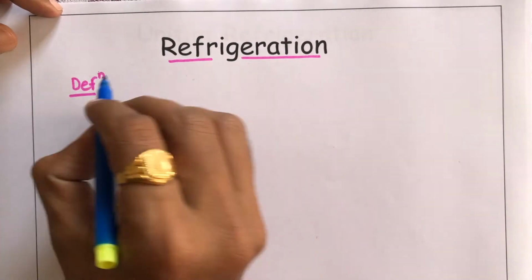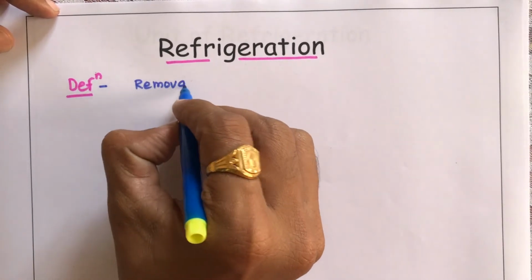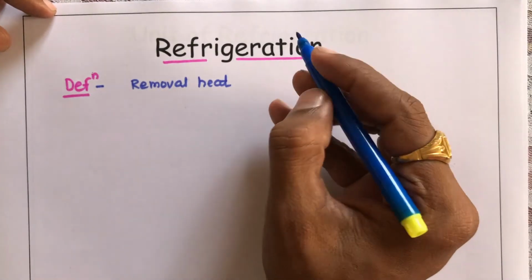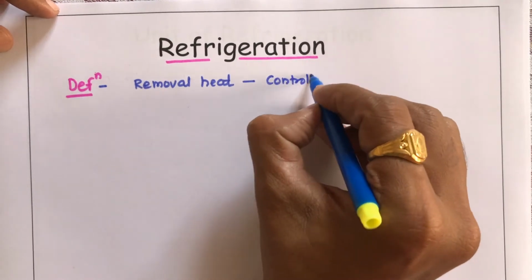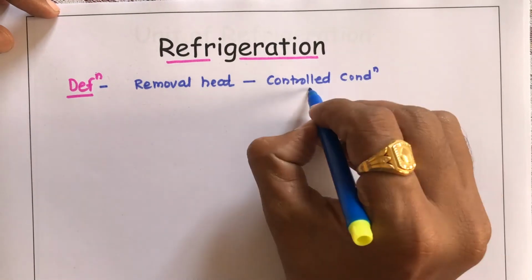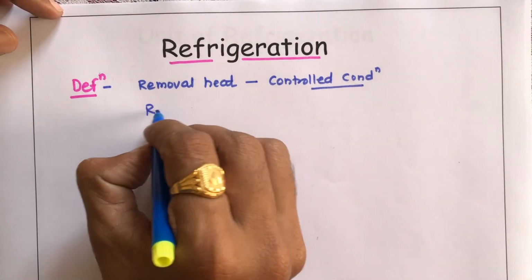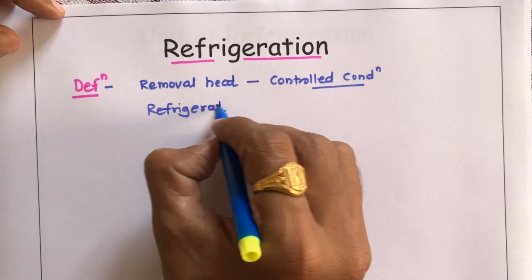Refrigeration is nothing but the process of removal of heat from a substance under controlled conditions. That is nothing but your refrigeration. Now, the device in which we get this effect is called a refrigerator.